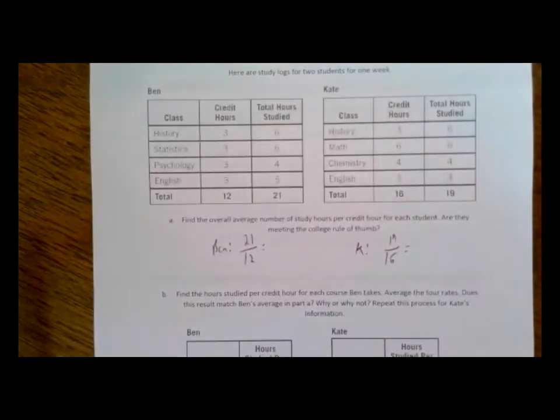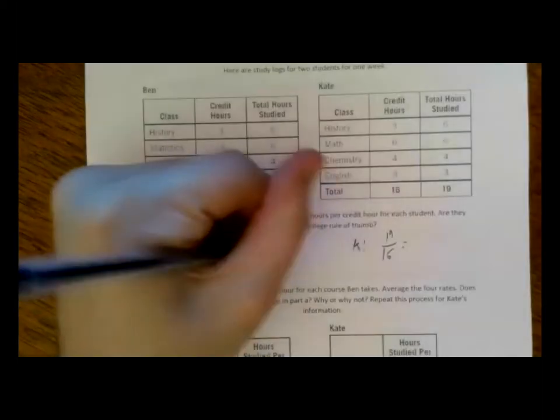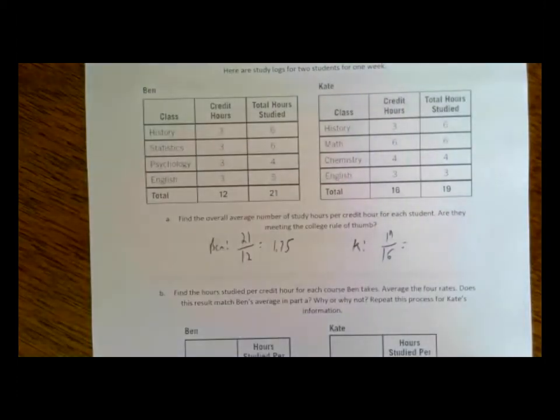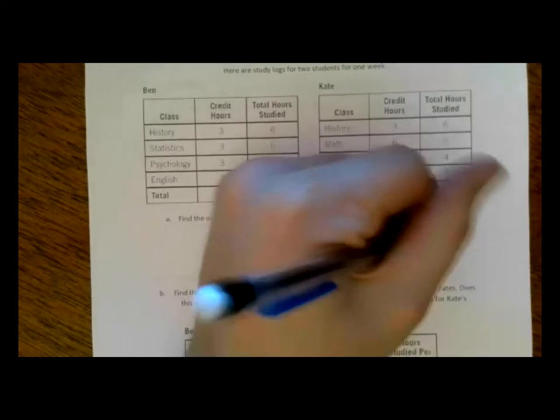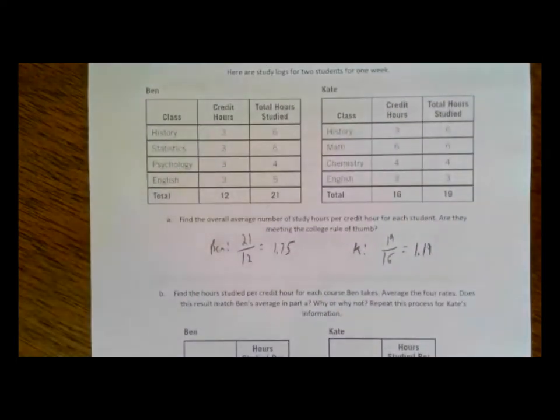If we do that in our calculator, 21 divided by 12, we get 1.75. And for Kate, we get 1.19. I'm just going to round it there. So the question they ask, are they meeting the college rule of thumb?